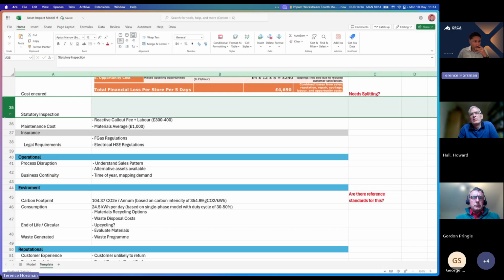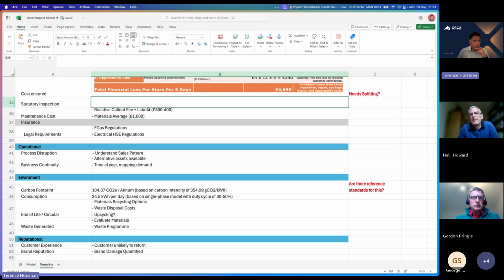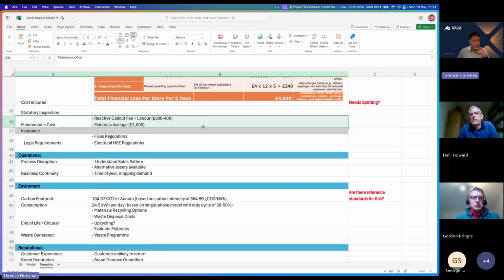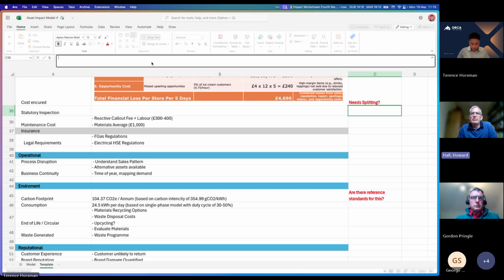Yeah, absolutely, the legal requirement. That drives your maintenance need, except if it impacts asset performance. But there's no point having something that works perfectly but hasn't been inspected, because you shouldn't actually be using it.